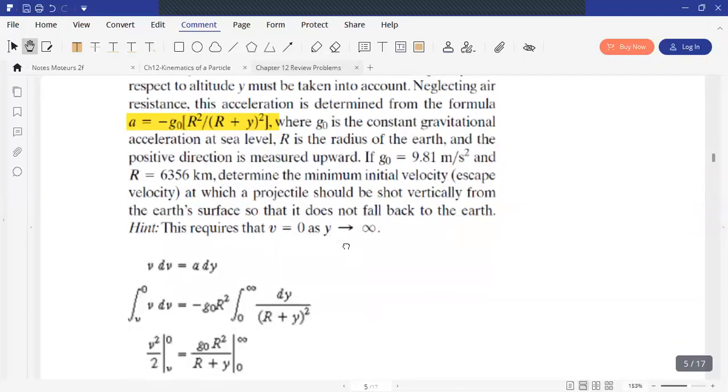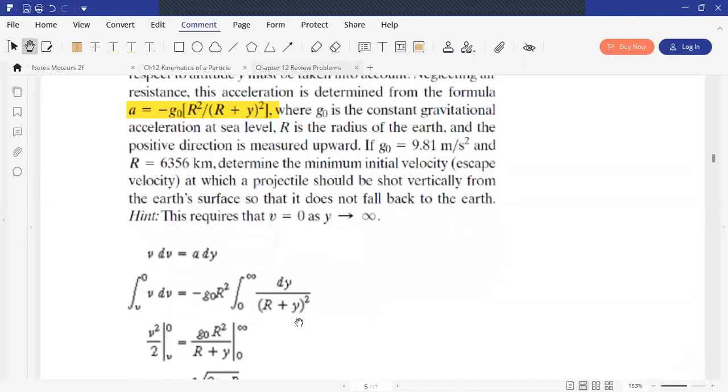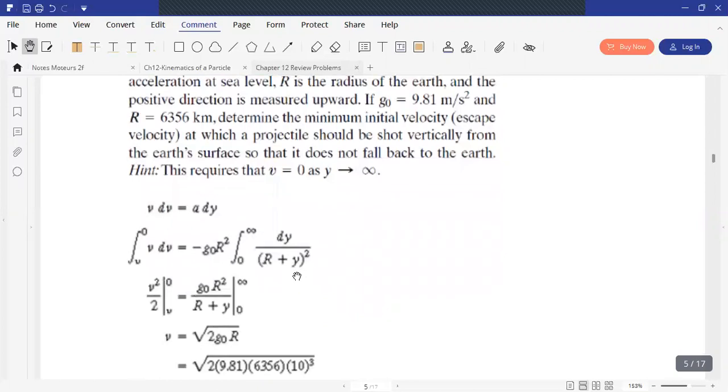So I do the integration, and also here it's a simple integration. So I can get v as a function of y, and now I can apply my boundary condition. My boundary condition is that when v is equal to 0, y is equal to infinity. Therefore, I can get what should be my initial velocity, v0.